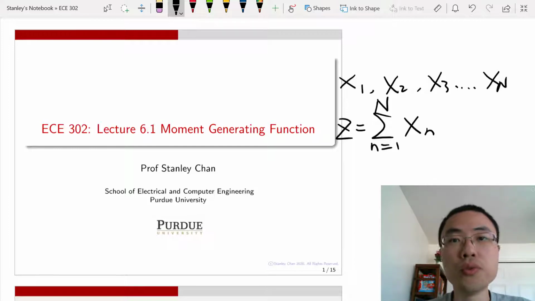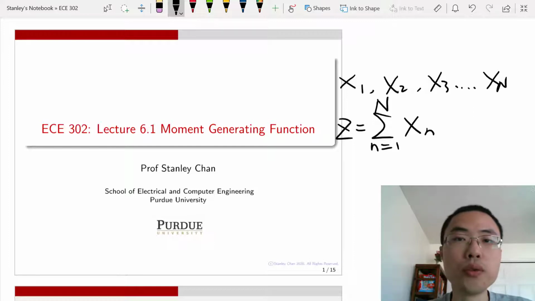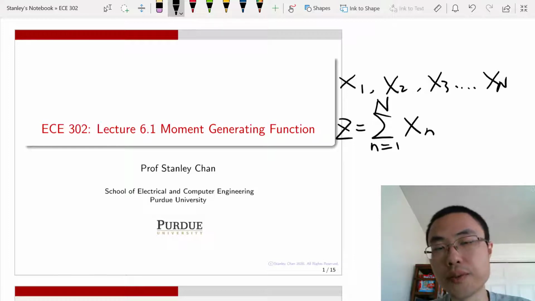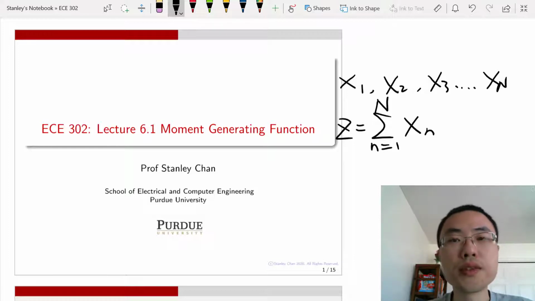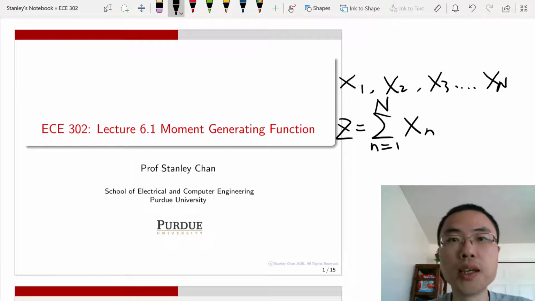How would you actually calculate the PDF of Z? Now, if we use the techniques that we learned in chapter 5, we know that we can take the convolution of all these PDFs. But this is very difficult, because convolving between two random variables is hard enough, and if you have n of those random variables, that would be extremely difficult.